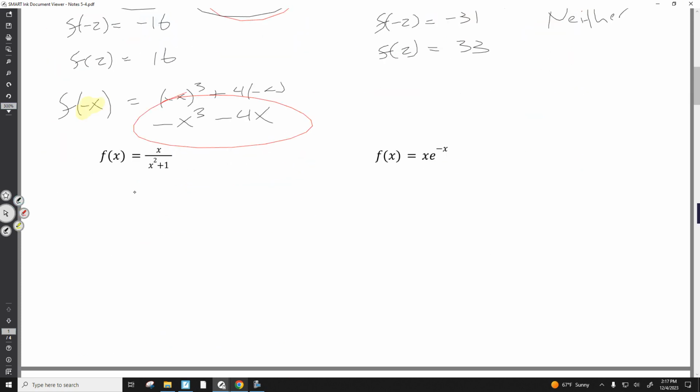We see this function, it's got an even power and an odd power. You're probably thinking it's a neither, but check. Figure it out yourself. Use some numbers. And again, this knowledge helps simplify things. You know half of your function, you know the other half of your function.